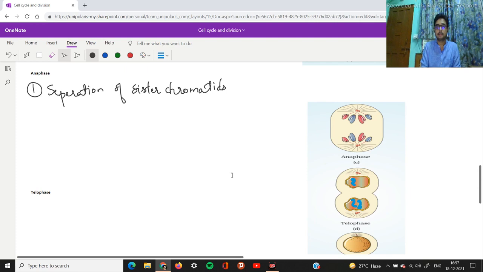Then the centromeres are splitting. So centromeres split. An interesting part here.